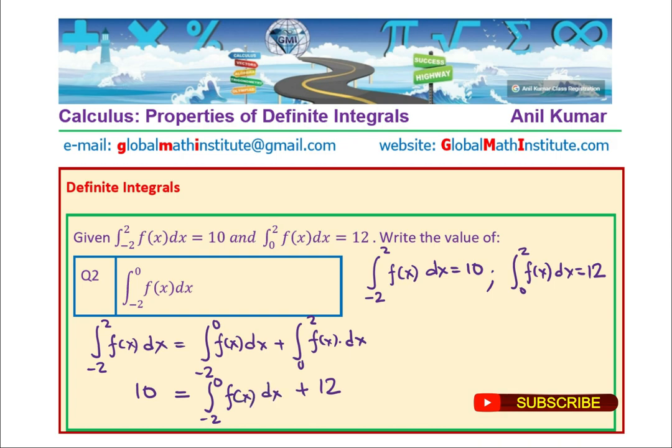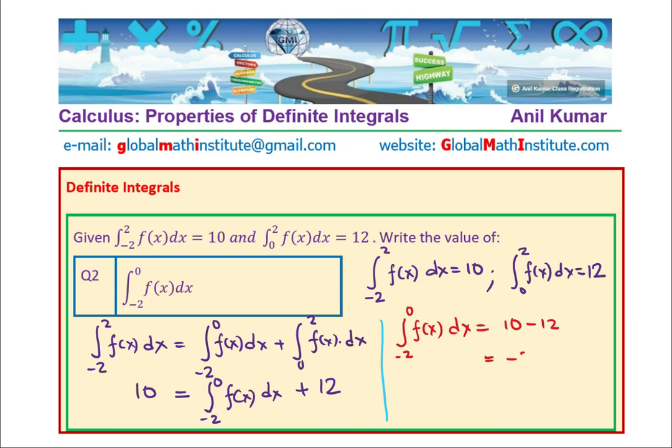Perfect. So we get our answer for the first question, which is the integral from -2 to 0 of f of x dx is equal to 10 minus 12, which is -2. So this is -2. Is that clear to you?